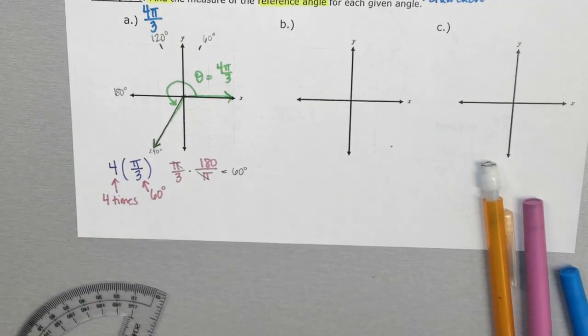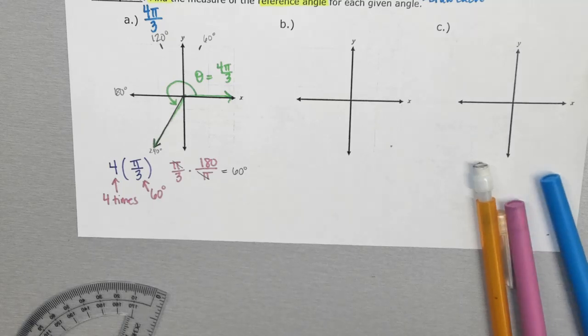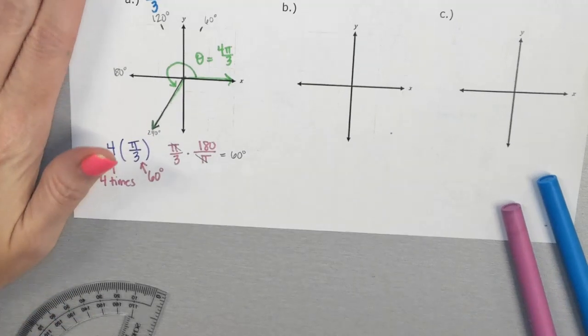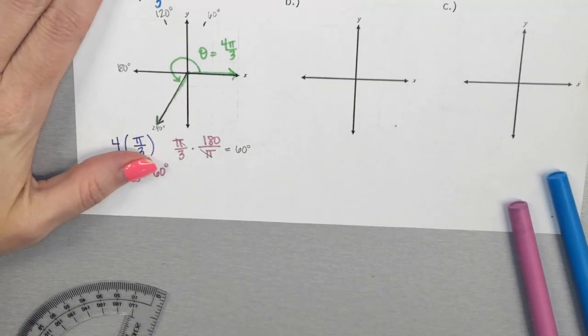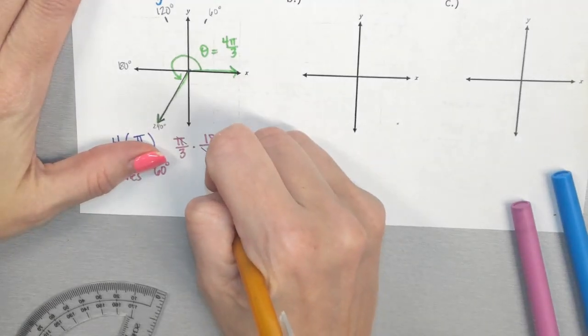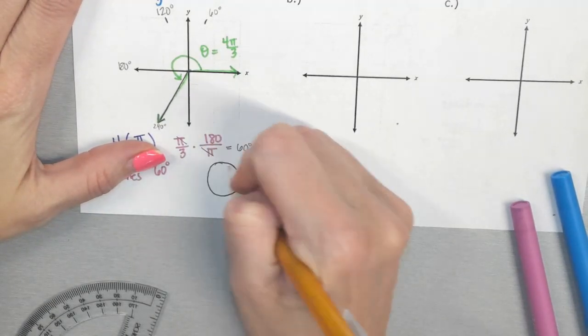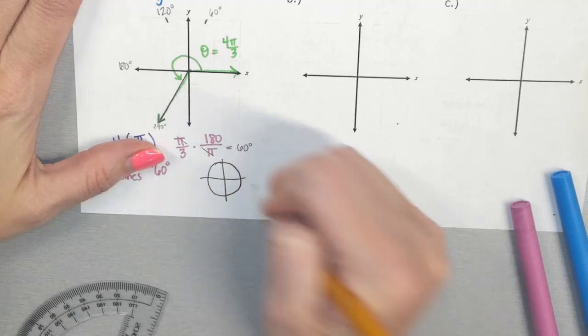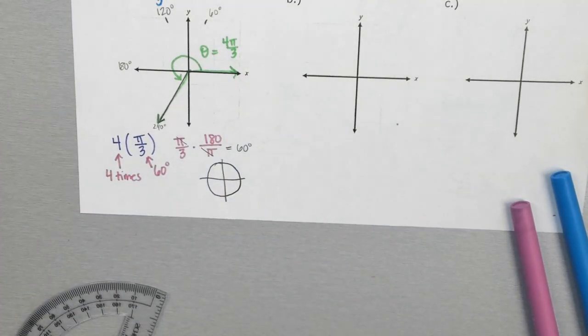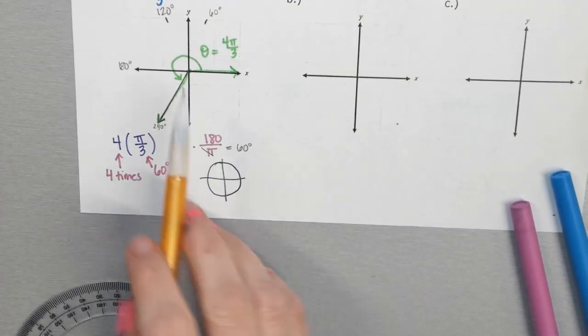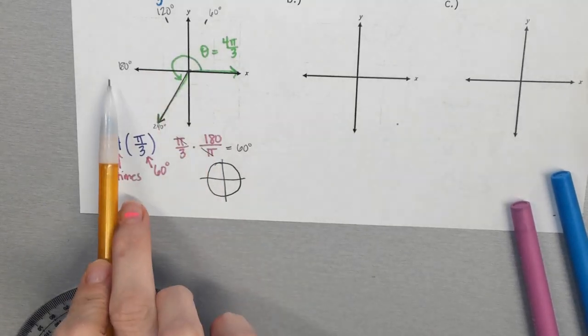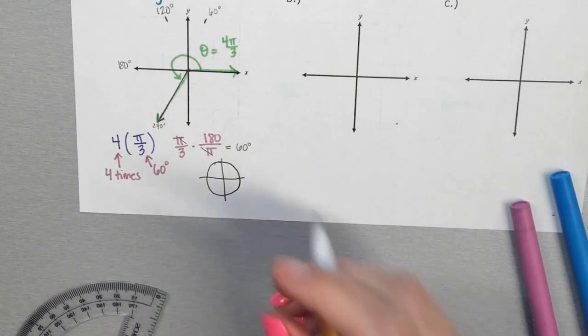Okay, so another way you can think of this is with your radians. That is what we are going to be doing. When I count this out, I normally count it out below here in a circle to help me with the degrees. So here I wrote it in degrees, the 60, the 120, the 180, the 240.